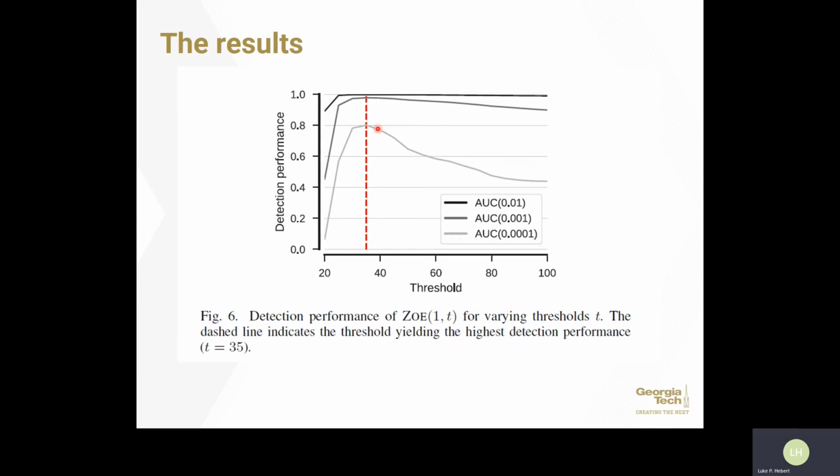Notice here that once we get past about 30 for the frequency threshold, for both of these curves at 1% and 0.1% false positive thresholds, no matter how much you increase the frequency threshold, you don't get much of a difference in true positive detection. But the curve for the 0.01% false positive bound is much more responsive.